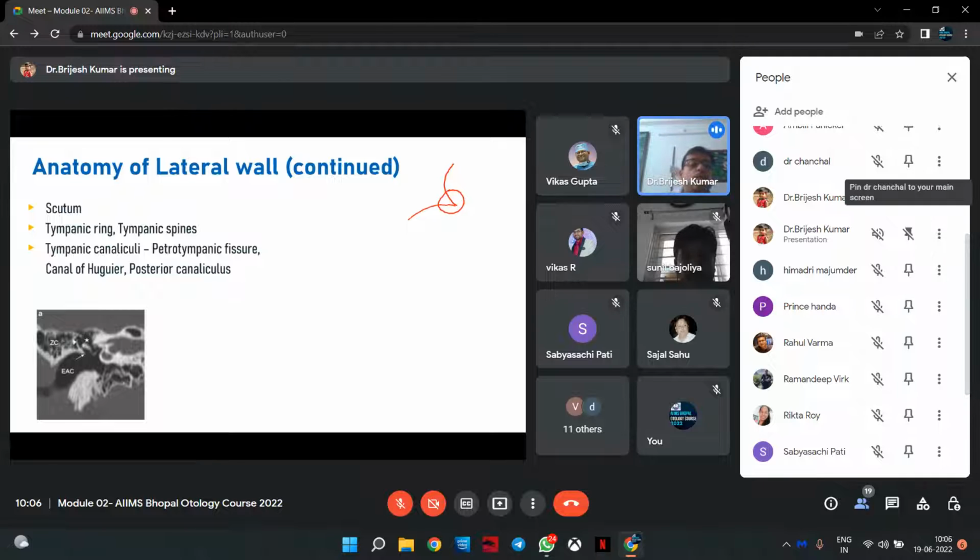This is called the scutum, which is shown here in this CT, where this is the external auditory canal, and this white arrowhead is showing the outer wall of the epitympanum. This is the epitympanum here, having the head of the malleus and the body of the incus. So this projected part is the scutum.